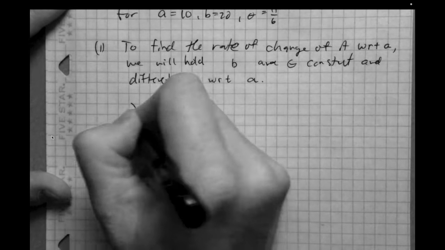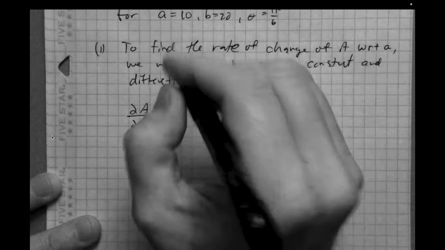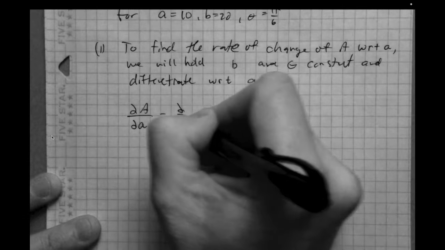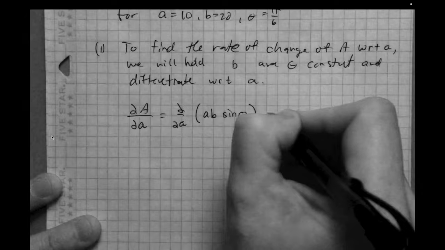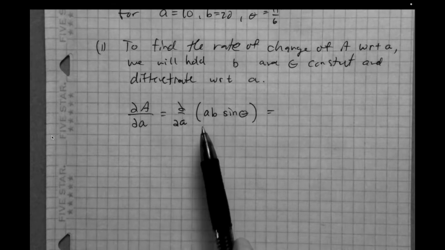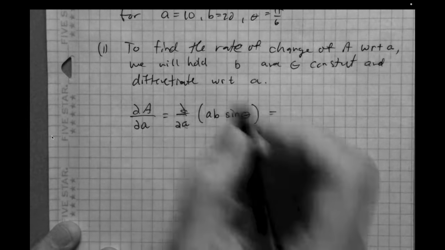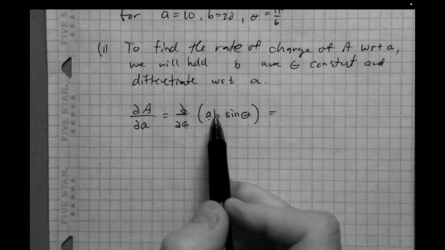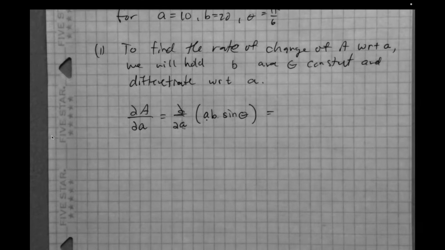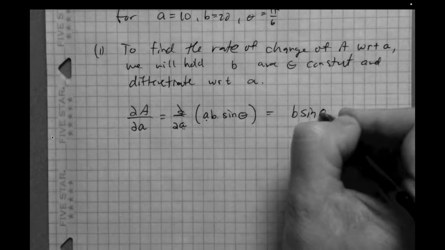Well, that's going to be del A over del little a. Right, so we have to find that derivative. So del A of a b sine theta. Well, in this case, when we're differentiating with respect to little a, this is the variable and this is all just a constant. So this is like 3x or something. Can we differentiate that? Very much. Yeah, easily, right? So this would just be b times the sine of theta.